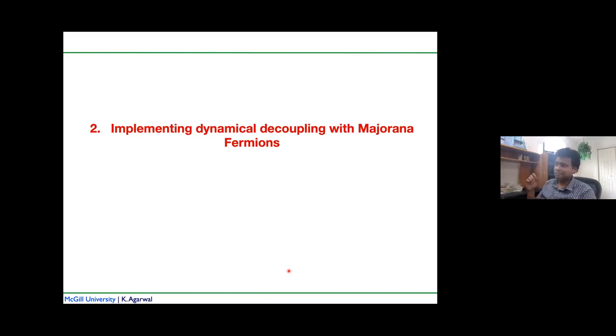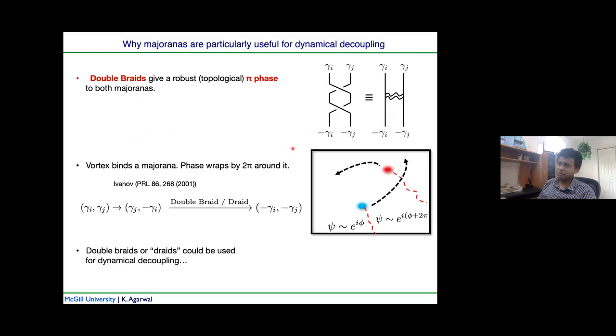And now the key point here is that these operations, which flip signs of the terms in your Hamiltonian, can in fact be implemented very nicely with Majorana zero modes. Okay, so why is that? Well, this comes from a very simple property of Majorana fermions. If you take two Majorana fermions, gamma_i and gamma_j, and you exchange them twice around each other, well, they return to their original positions. So gamma_i and gamma_j return to their positions.